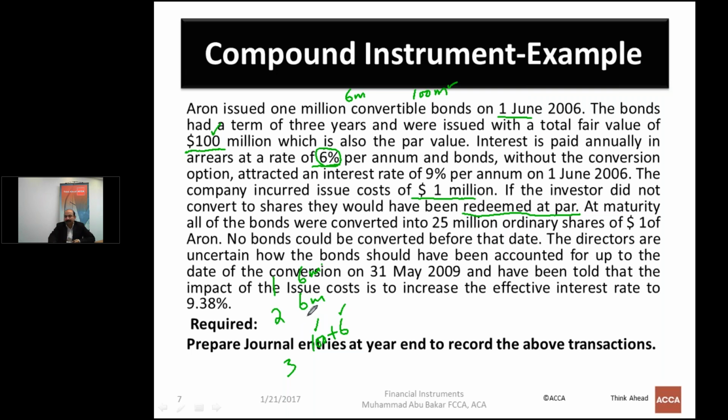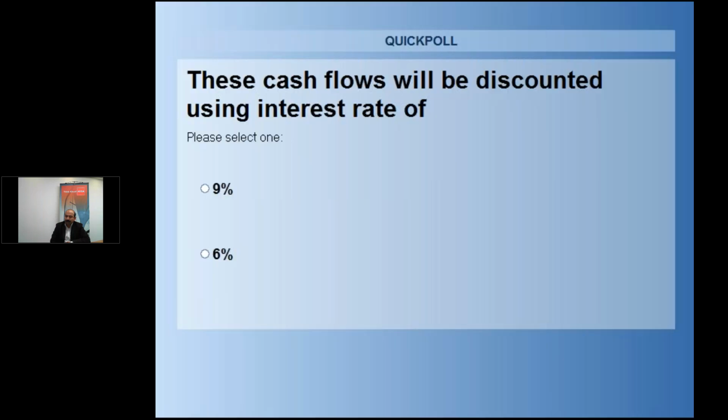Two options. Yes. Please pop up the question. Sharing on your screens now. There you go. Cash flows will be discounted using the interest rate of 9% or 6%.